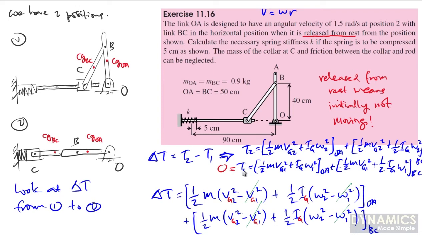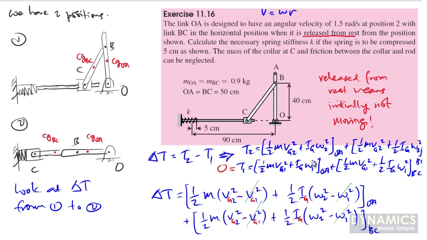Or if you are familiar with the delta T equation, you don't have to write it in this form. You can also use delta T equals this, put everything inside one big equation, and then by knowing that the system is being released from rest, just cancel out the velocity and omega terms that correspond to the first position, which are vG1 and omega 1.